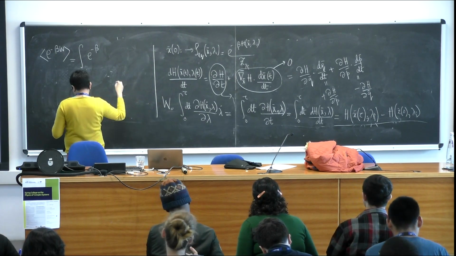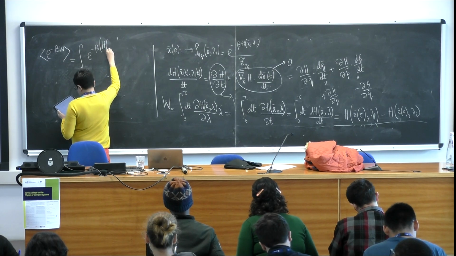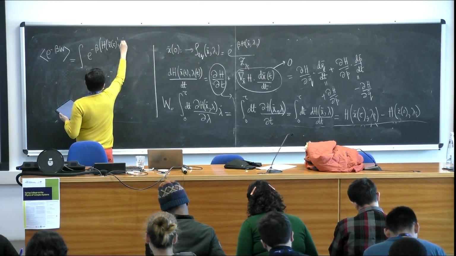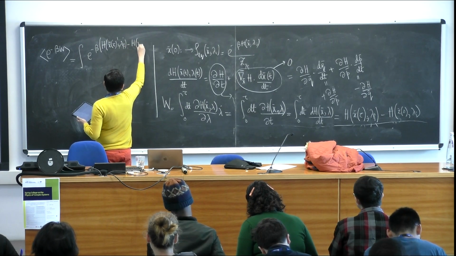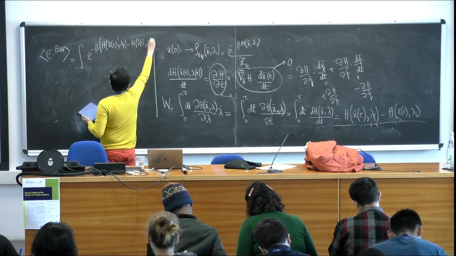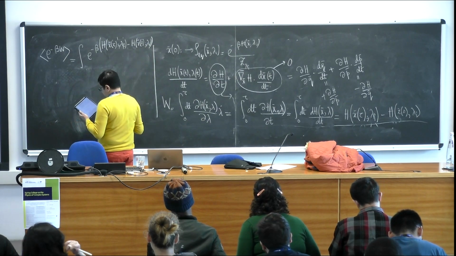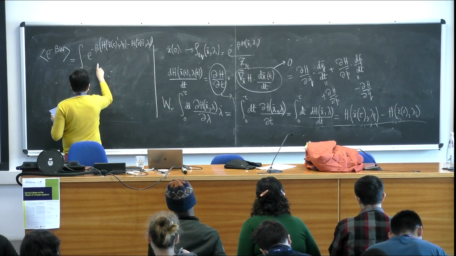W I just substitute from there. So W will be h of x tau lambda f minus h of x0 lambda I. Okay, this is my work done.